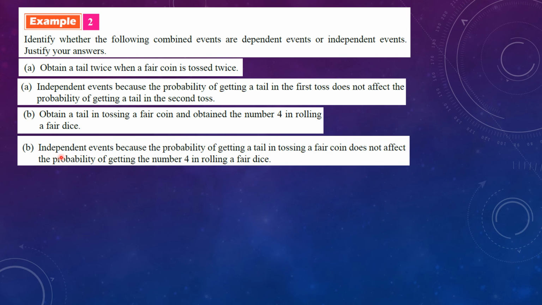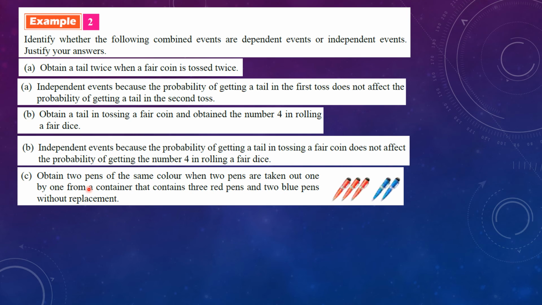So this is also independent events because the probability of getting a tail in tossing a fair coin does not affect the probability of getting the number 4 in rolling a fair dice. Of course, coin and dice, there's no connection. So this is independent.